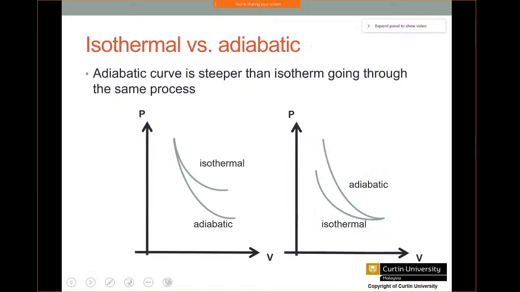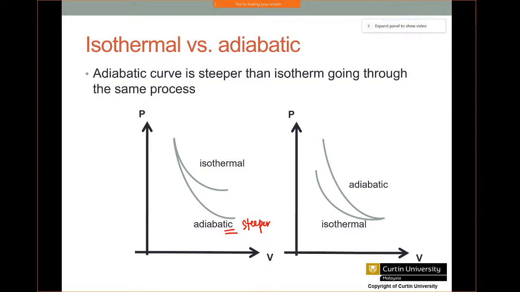So if you have to plot them into the PV graph, how do we usually differentiate between the two graphs? The difference here is your adiabatic graph will be steeper as compared to your isothermal graph.